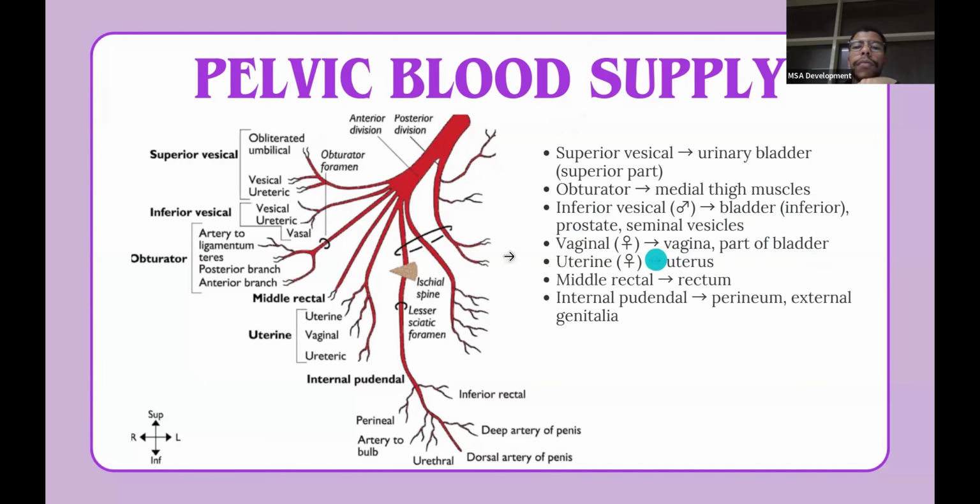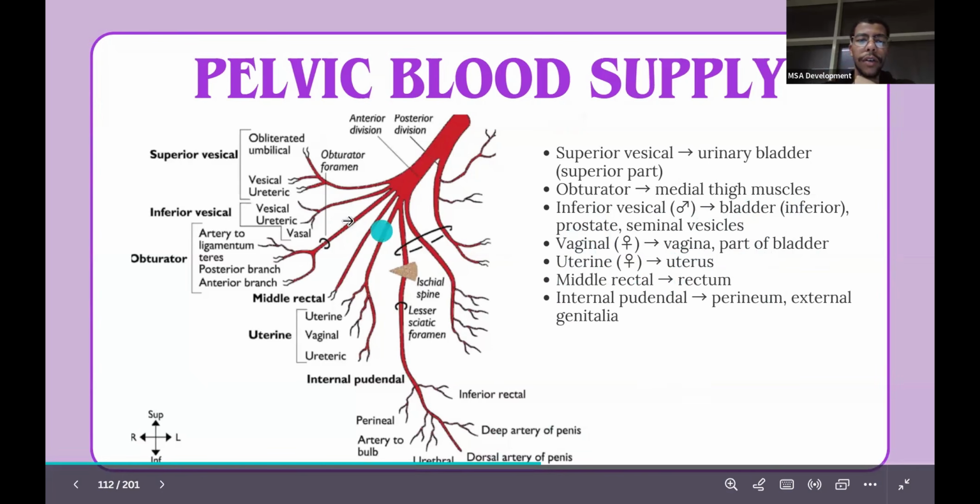And the vaginal supplies the vagina and a small part of the bladder. We also have the uterine, obviously to the uterus, middle rectal to the rectum, internal pudendal to the perineum and external genitalia.